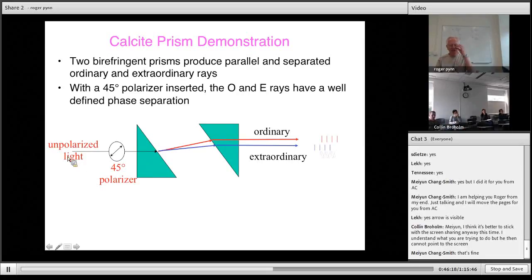So supposing I take an unpolarized light beam and I stick in a polarizer that's at 45 degrees, so that the ordinary ray, let's say, would have a polarization that's vertical on this slide, and the extraordinary ray would have a polarization that's horizontal on this slide. Then, of course, this polarization at 45 degrees I can think of in terms of a superposition of two plane waves with mutually perpendicular polarizations and in phase with each other.